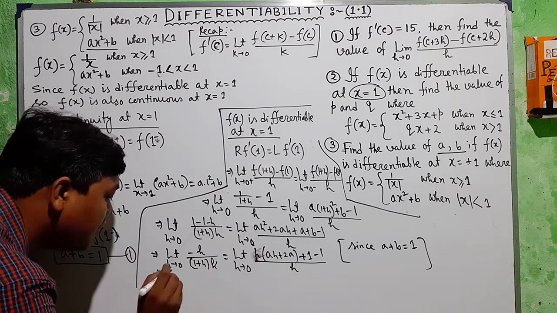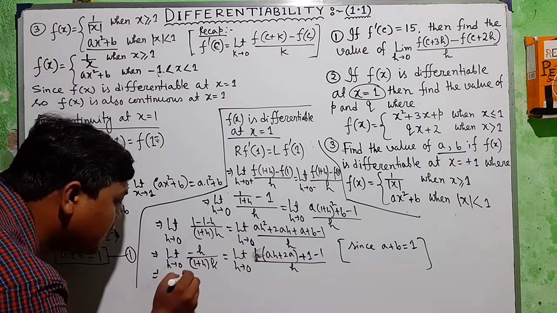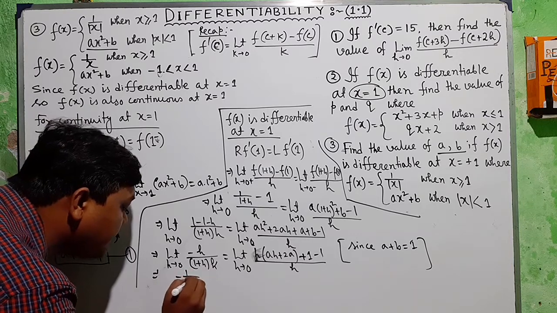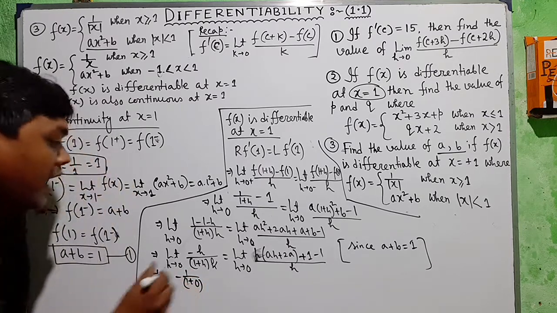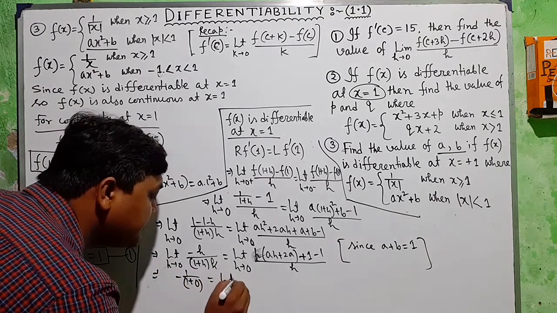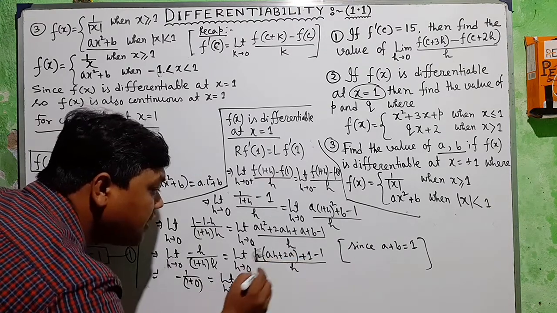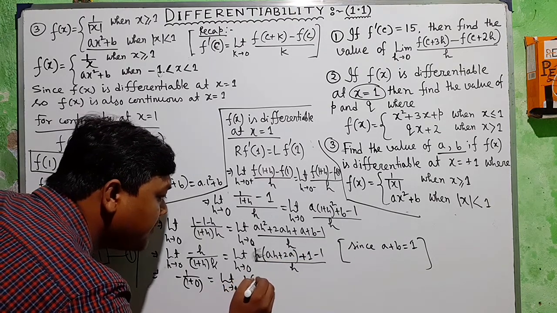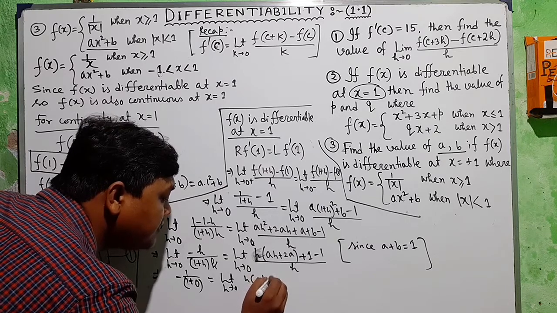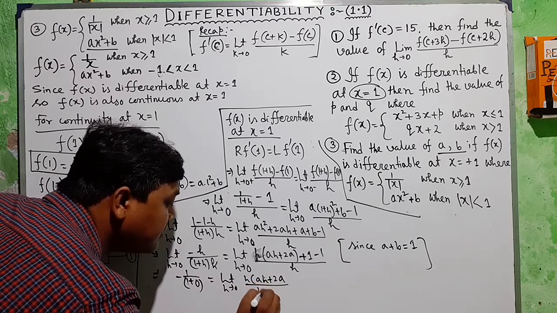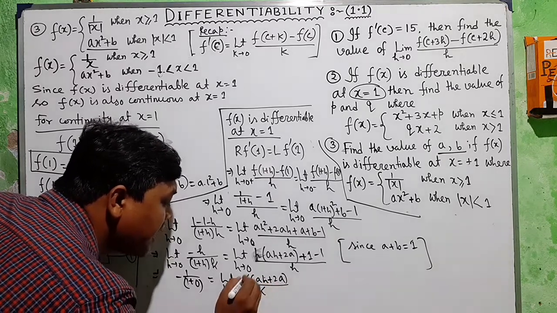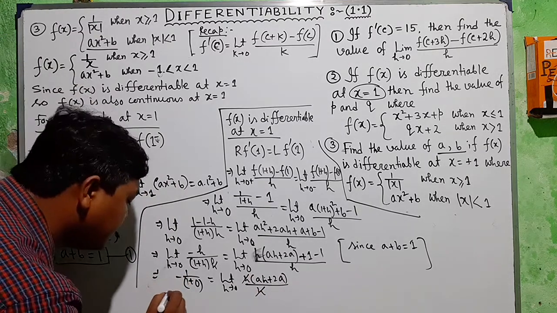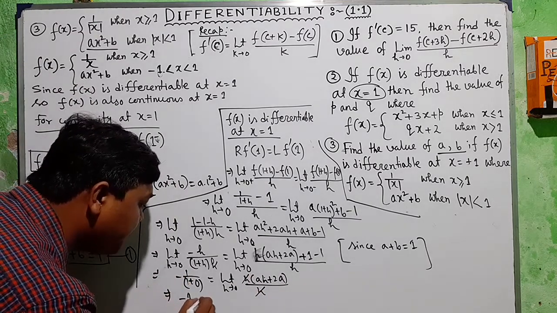If I put limit h tends to 0, that is minus 1 by 1 plus 0, and limit h tends to 0, this is 1 minus 1 cancel, so h into (ah plus 2a) by h, so h cancelled, and this gives minus 1.